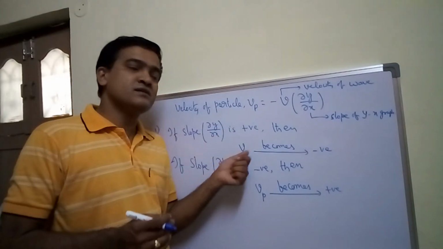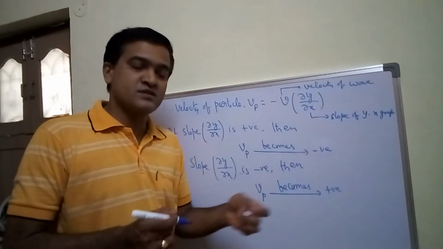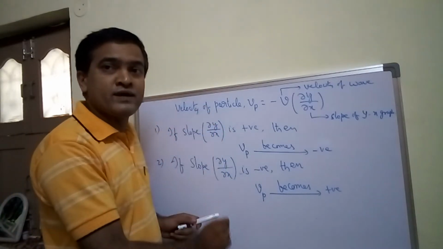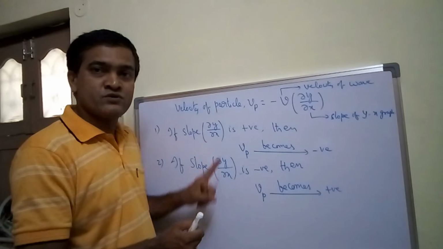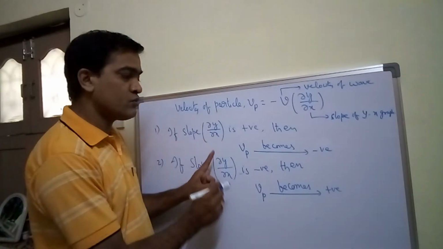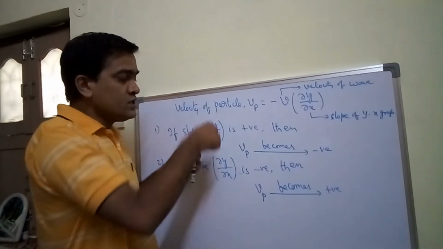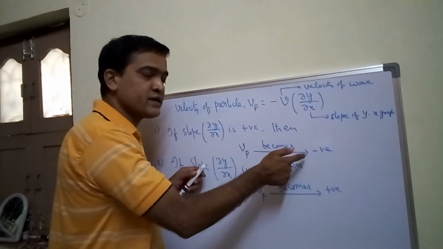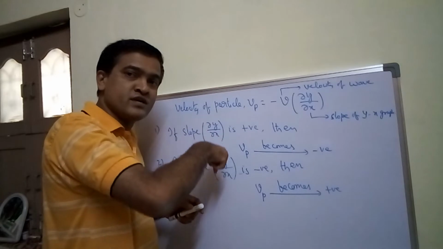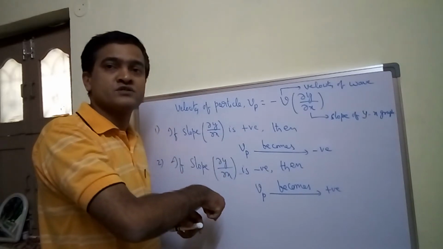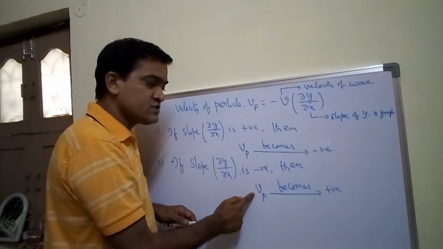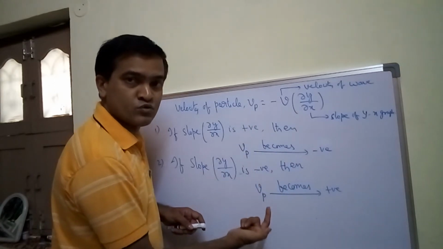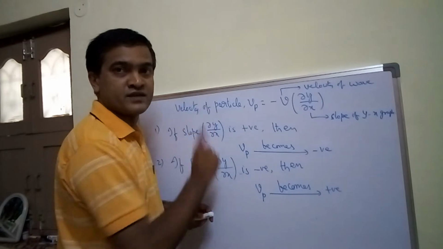Velocity of particle becomes negative in the sense that the particle is moving towards the negative y direction, because the particle is executing simple harmonic motion about its mean position. So if Vp is negative, the particle is tending to move in the downward direction. If velocity of particle has become positive, the particle is moving towards the upward direction.